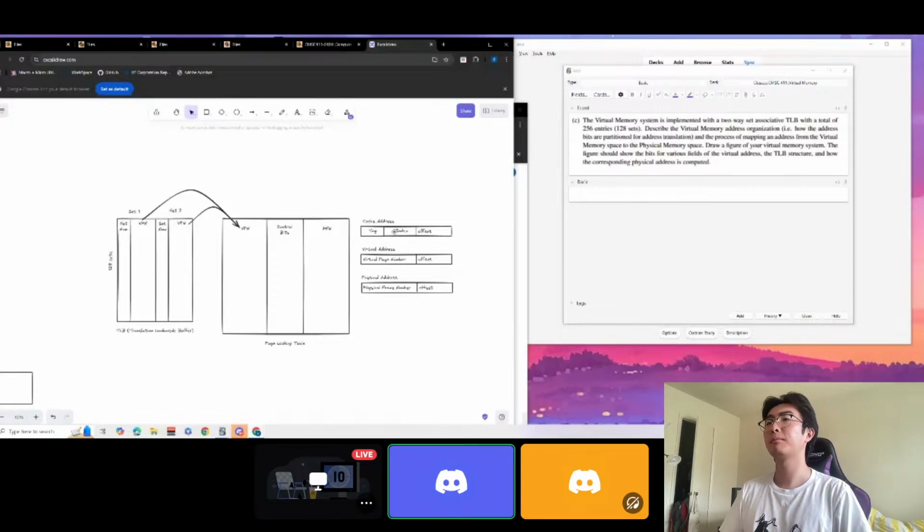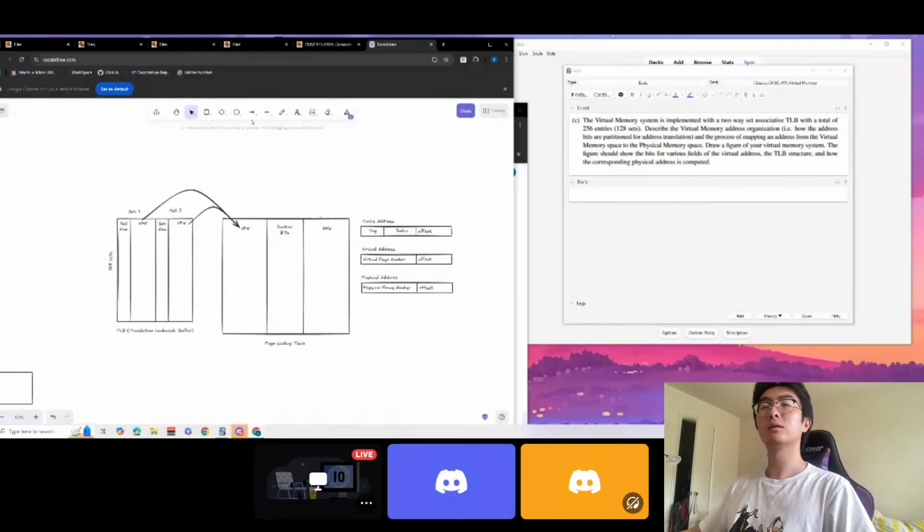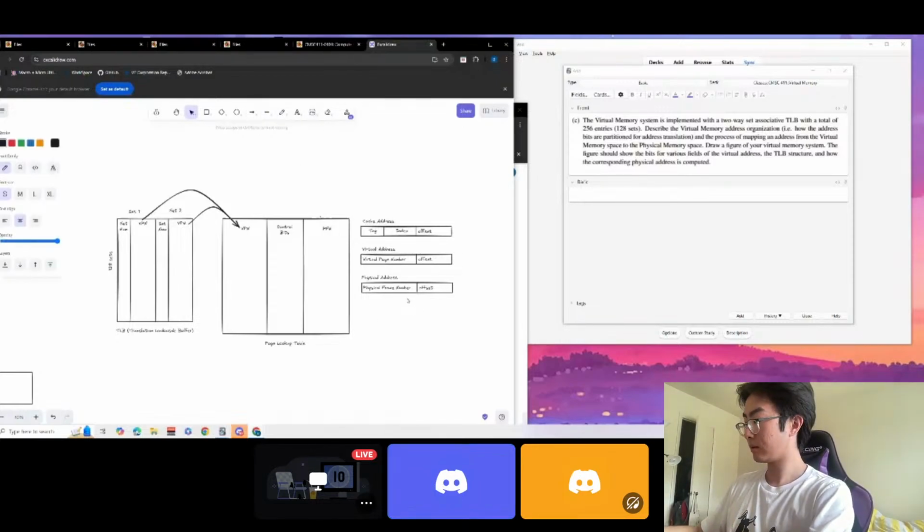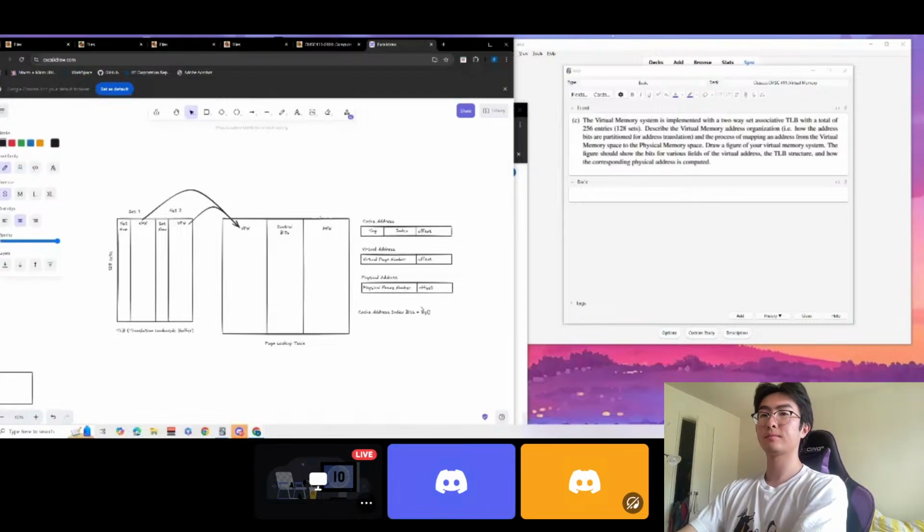We're not given how... Cache address index bits is going to be equal to log of the number of sets, which is equal to log of 128, which is equal to 7 bits.